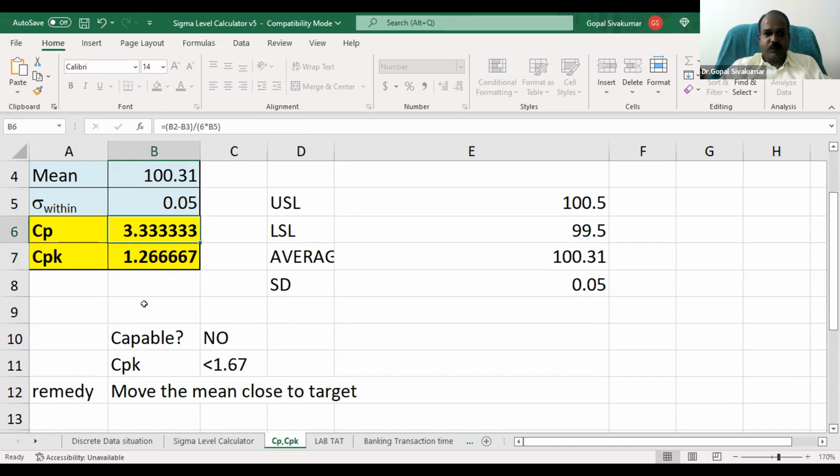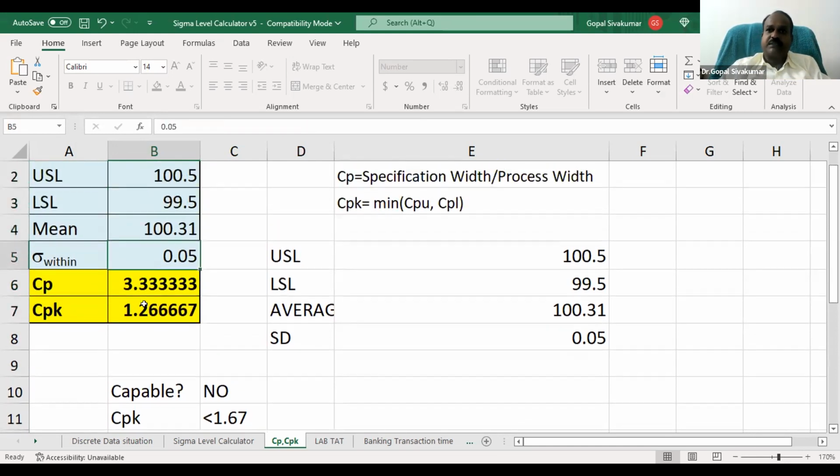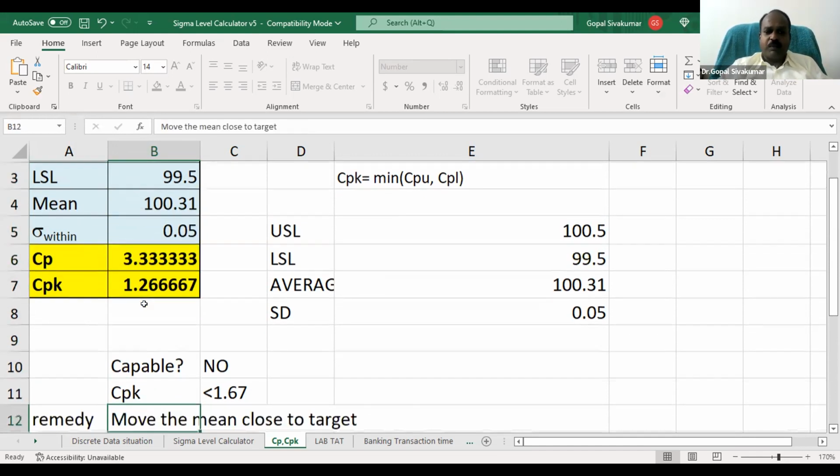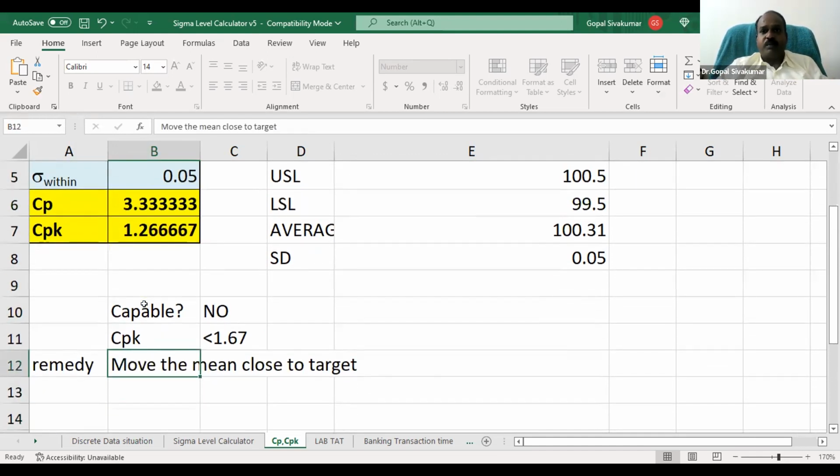No need to worry. Look at your standard deviation, only 0.05 compared to the tolerance of 0.5. It is in full control. So the problem is only with the mean. Move the mean. But how will you move the mean? That requires some changes in the process. Clear, everyone?